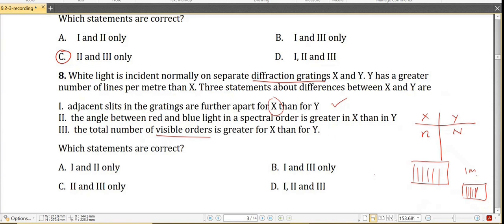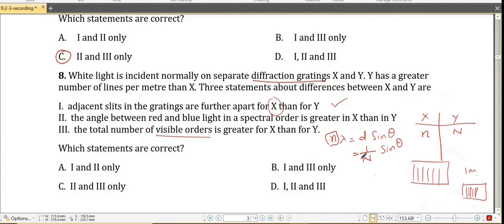When you look into that equation for diffraction grating, n lambda equal to d sine theta, right? We can say the number of orders, that is n, will be inversely proportional to the number of lines in the grating.